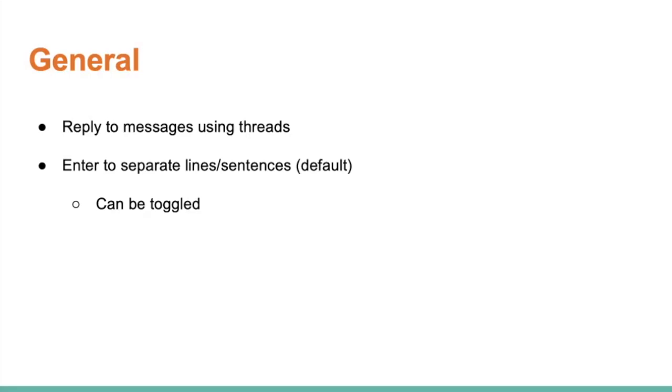This can actually be swapped around or toggled, where Command plus Enter is used to separate lines or sentences, and Enter to send messages. But note that this swap can only be done on the desktop version. We recommend you to keep the default option, as it stops you from sending unfinished messages from simply pressing Enter.